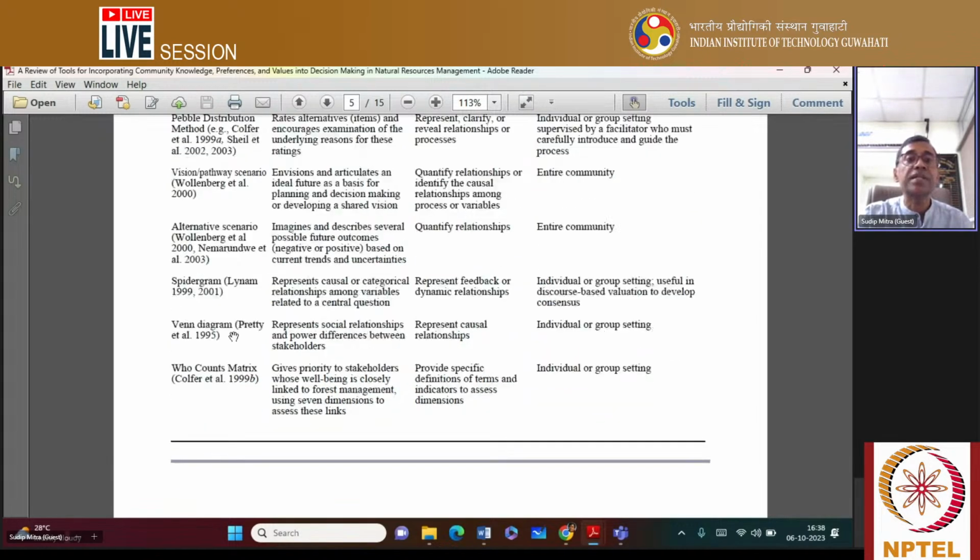Then comes the spider diagram, which represents the causal and the categorical relationships among various variables. And this also follows an individual and group setting.